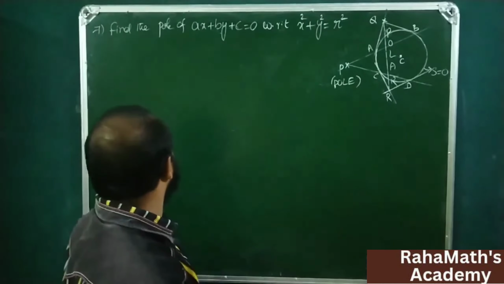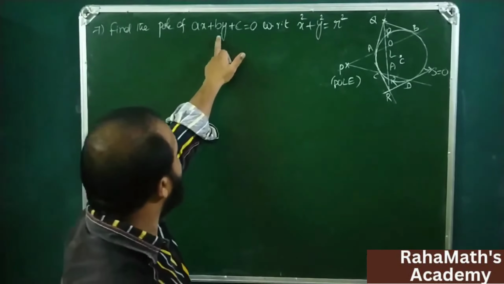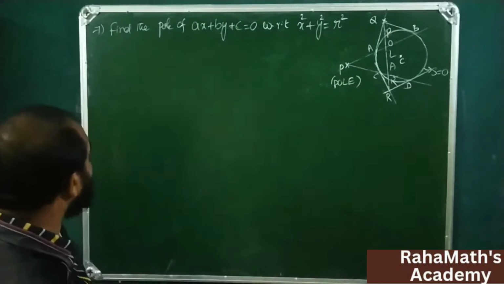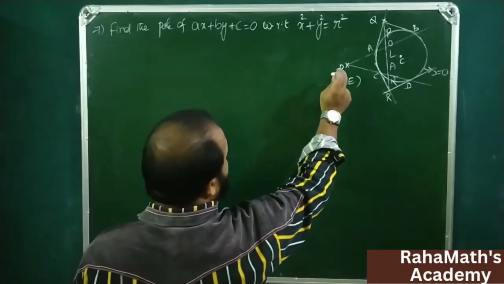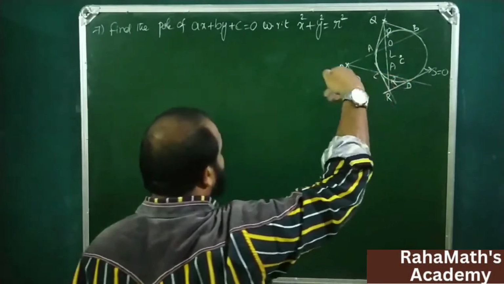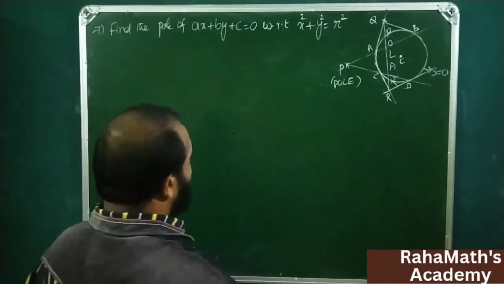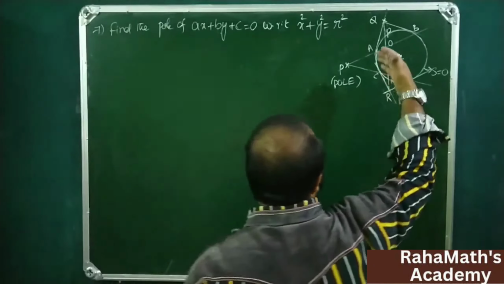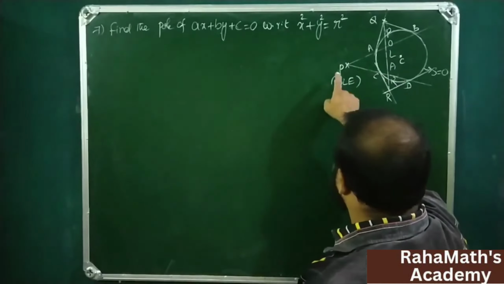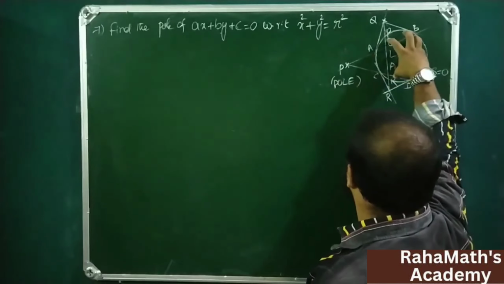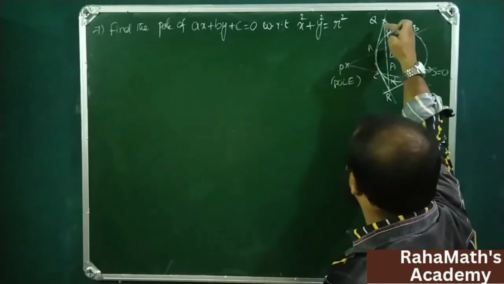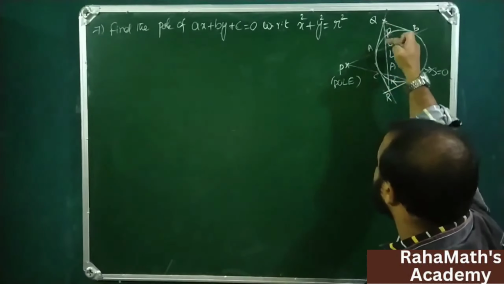So the next question is, find the pole of ax plus by plus c equals 0 with respect to the circle. In the earlier question, we found the polar of the point P, the line ax plus by plus c equals 0. Now we find the pole. In the last problem, for the point P with respect to circle S equals 0, we found the polar equation.